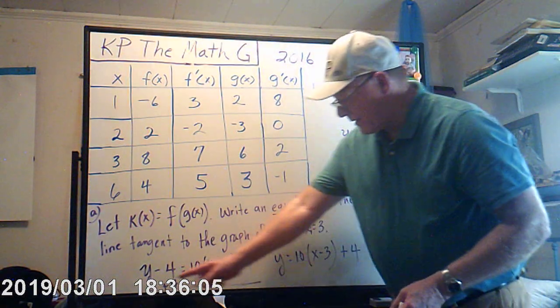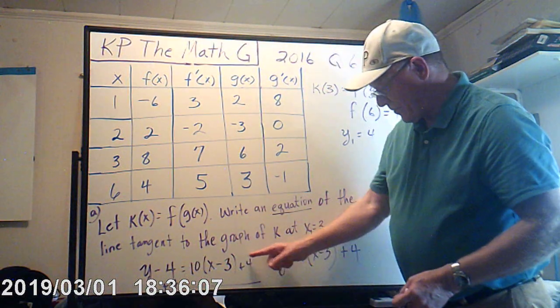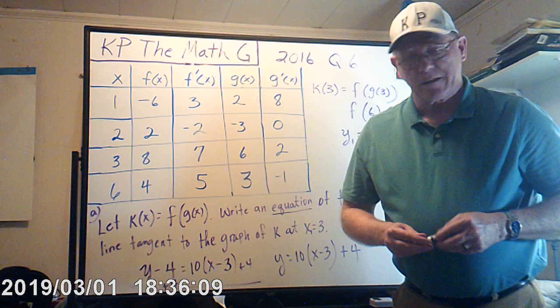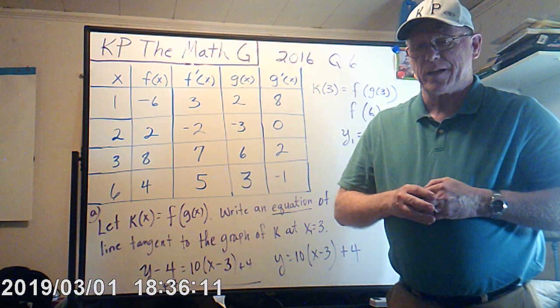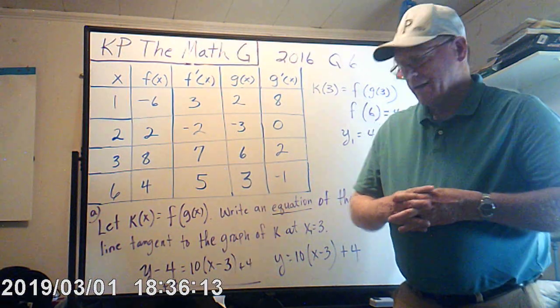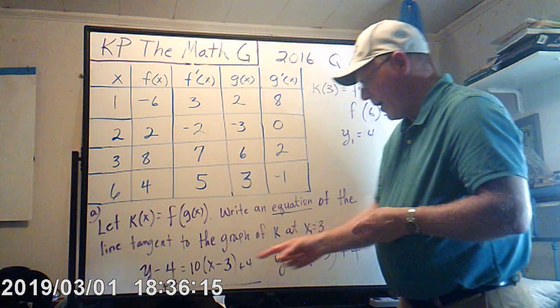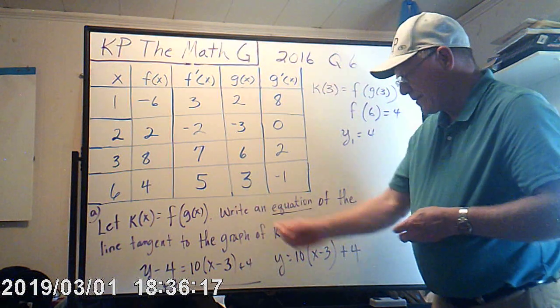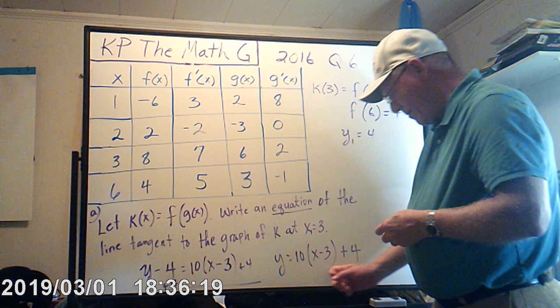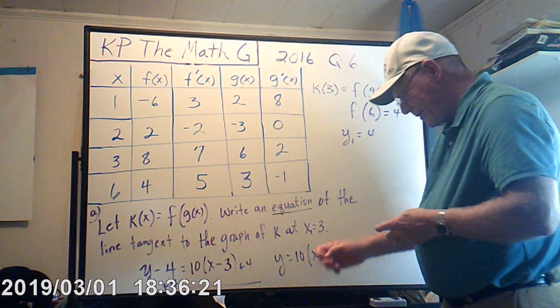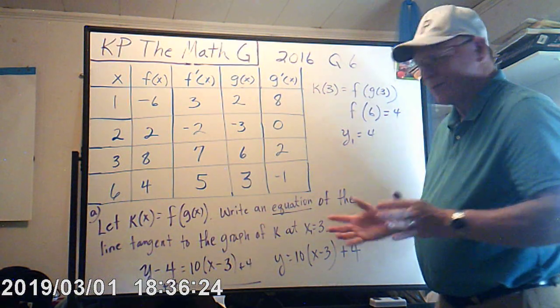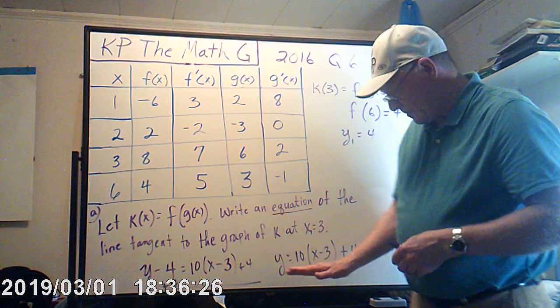Guys, if you leave it like this in the first place without bringing the 4 over, they're not going to count that incorrectly. Okay? You have an equation. And you don't have to multiply the 10 times x and 10 times 3 and collect terms. You don't have to do all that. Just leave it like this.